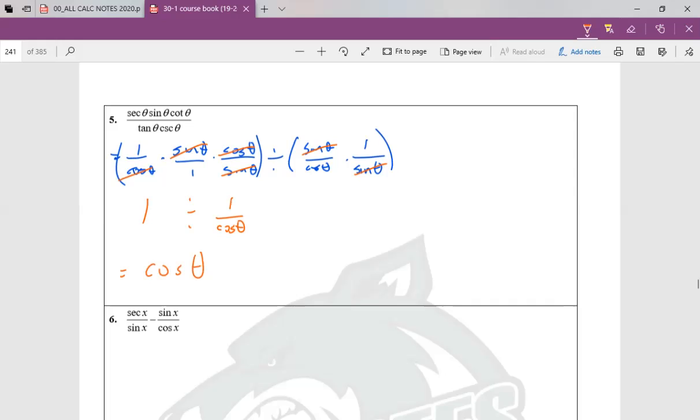So this whole big bad boy is just equal to cosine theta. What do we have for restrictions? Sine theta can't equal 0. Cos theta can't equal 0. All of that together, therefore, theta can't equal n pi.